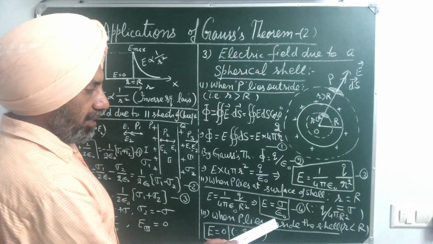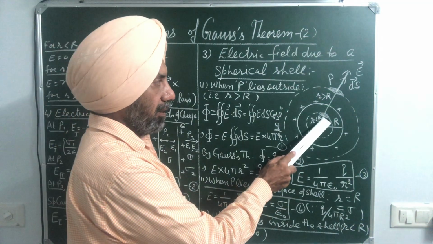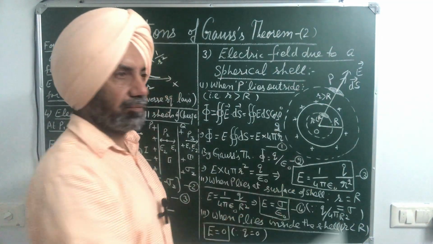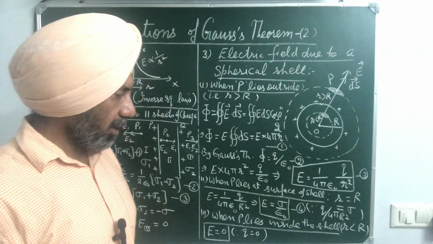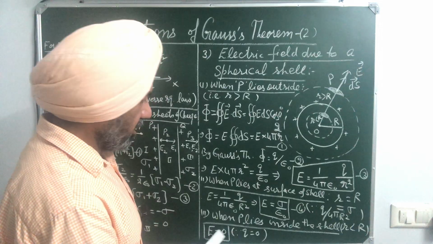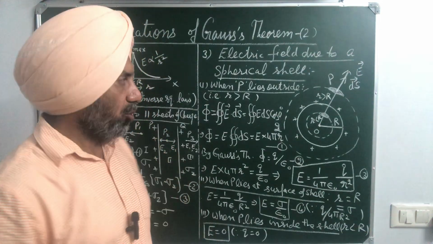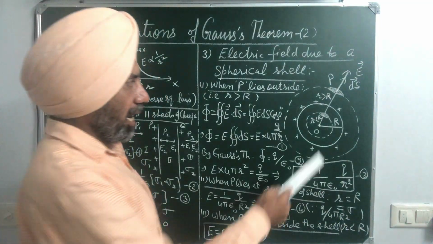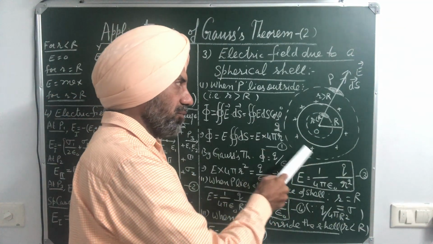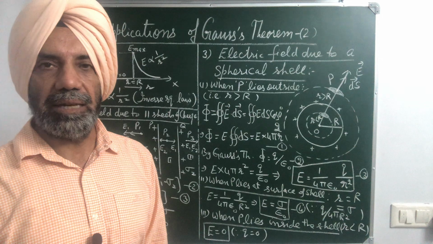Third, when P lies inside the shell, that is, small r is less than capital R, then the electric field will be 0, because there is no charge inside the shell. Charge always resides on the outer surface of the shell.